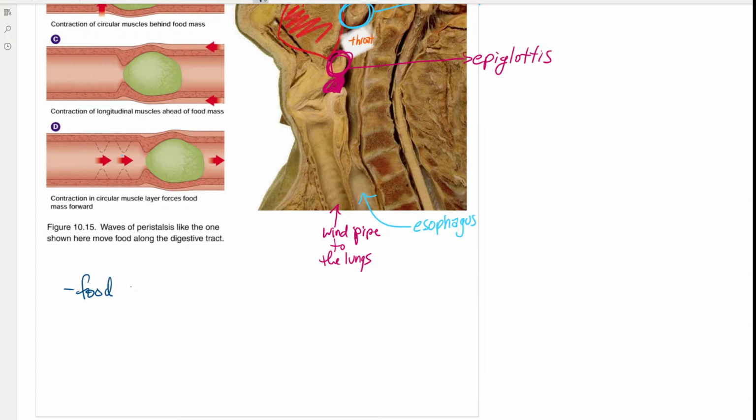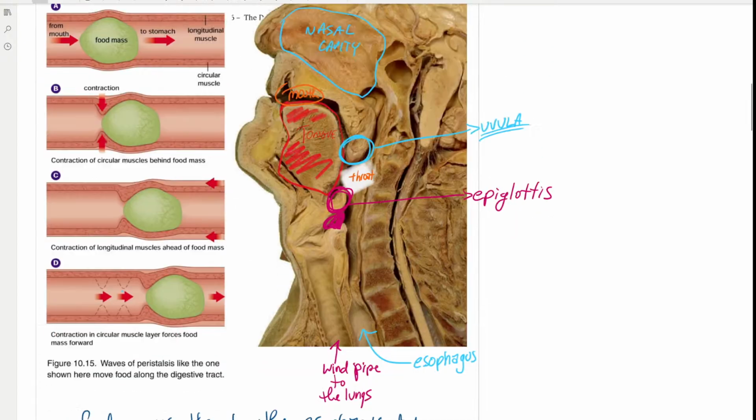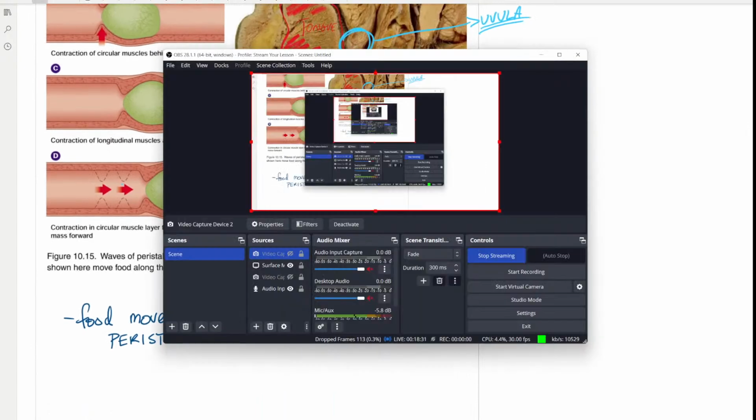So food moves through the esophagus by peristalsis. And this is, for lack of a better explanation, like a tube of toothpaste.